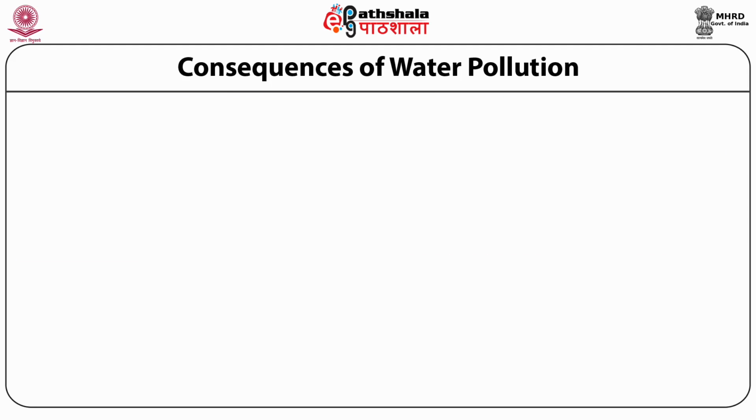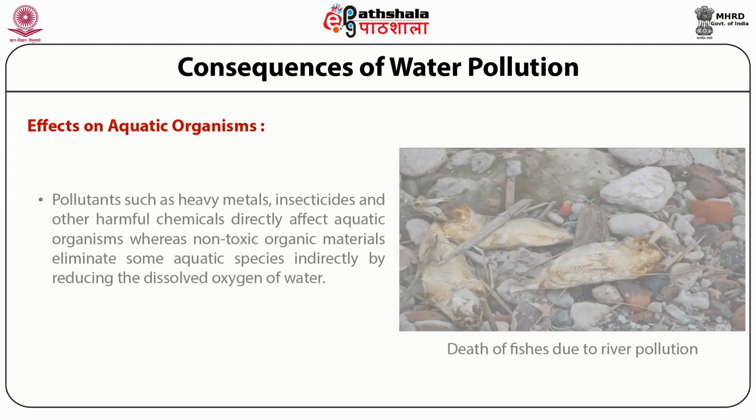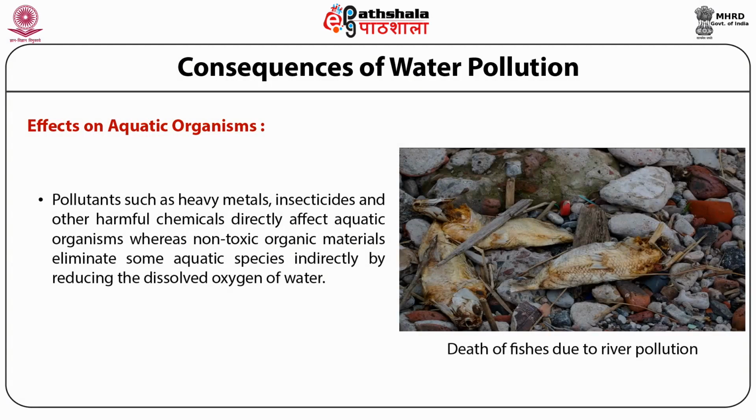Consequences of water pollution. First, effect on aquatic organisms. Pollutants such as heavy metals, insecticides and other harmful chemicals directly affect aquatic organisms, whereas non-toxic organic materials eliminate some aquatic species indirectly by reducing the dissolved oxygen of water.